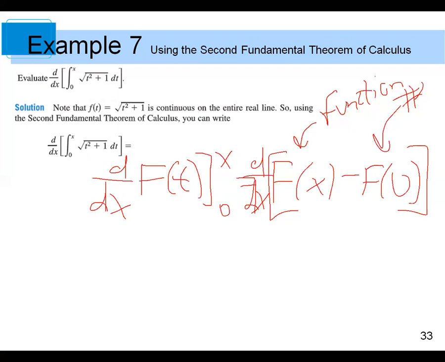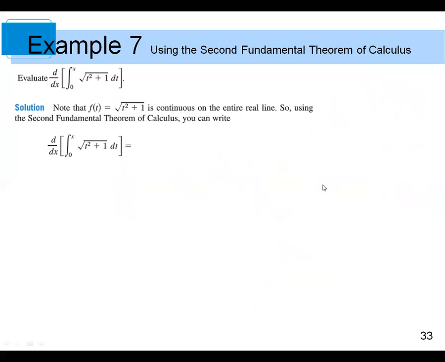So it's going to be like little f of x minus, now capital F of 0 represents the antiderivative evaluated at 0, which would be a number. So if I plugged in 0, I would get a number, and the derivative of a number is just 0. So you would get square root x squared plus 1. Okay? And that's what we got right there.